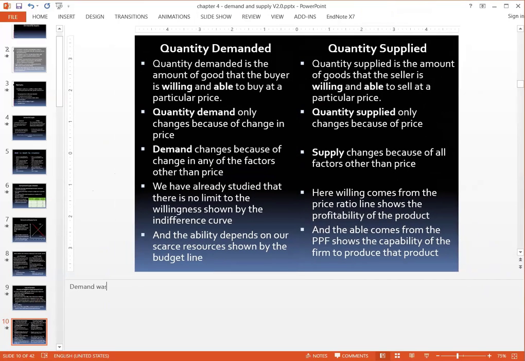Demand was the relationship between price and quantity demanded, and supply was the relationship between price and quantity supplied. Here now we have defined the terms quantity demanded and quantity supplied. I hope it is clear now. Okay, so let's see what's in the next slide.